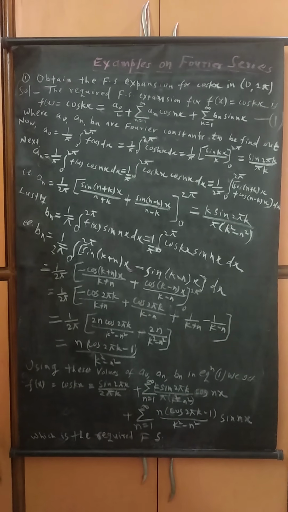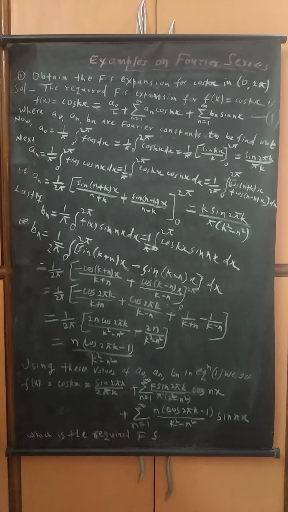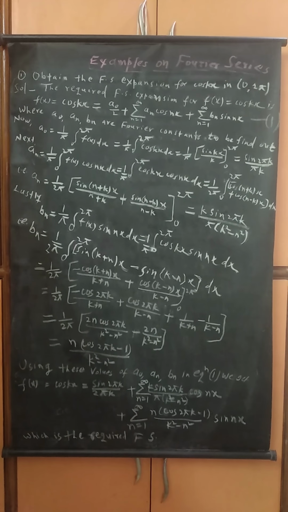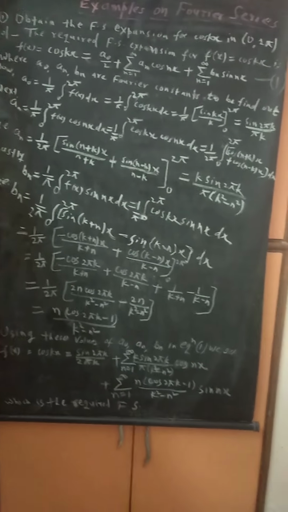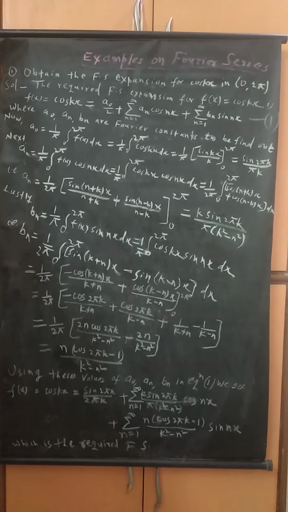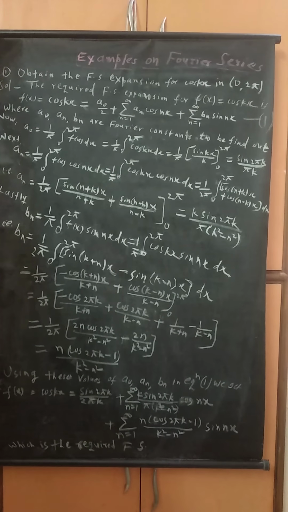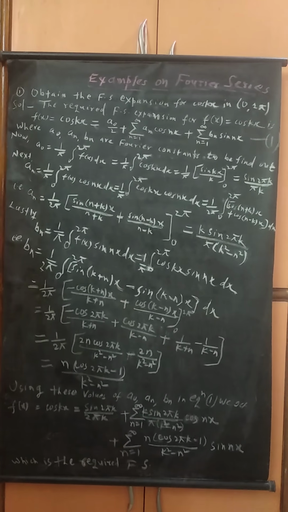By using that formula, we have bn equal to 1 upon 2 pi integral 0 to 2 pi of sin((k plus n)x) minus sin((k minus n)x) dx. Then we evaluate this definite integration.